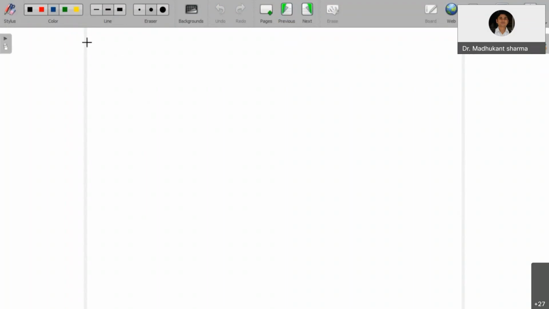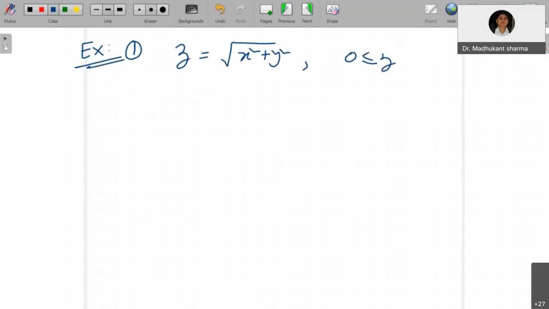So let's take the first example, a cone, and try to identify the parameterization of this cone. The surface is z equals the square root of x squared plus y squared, with 0 less than or equal to z less than or equal to 1.